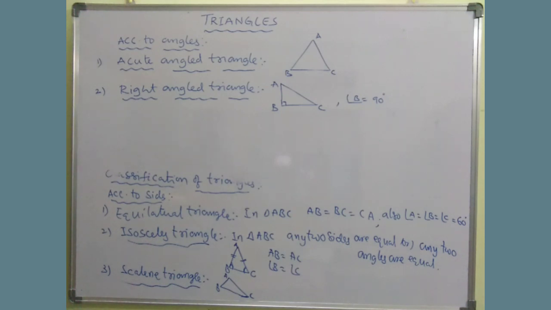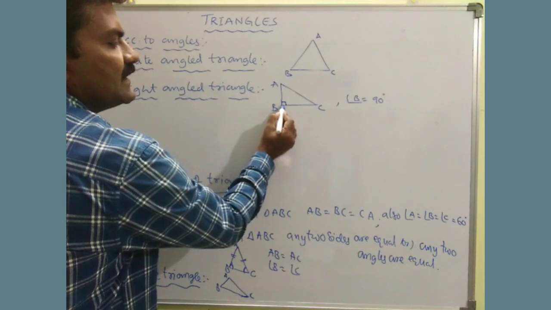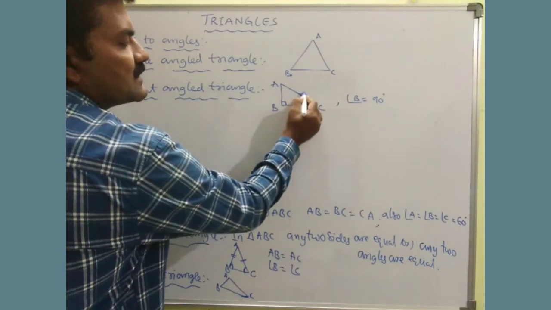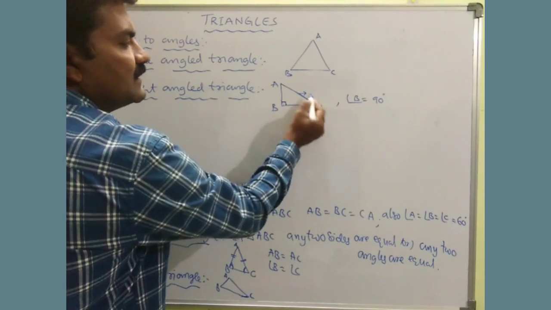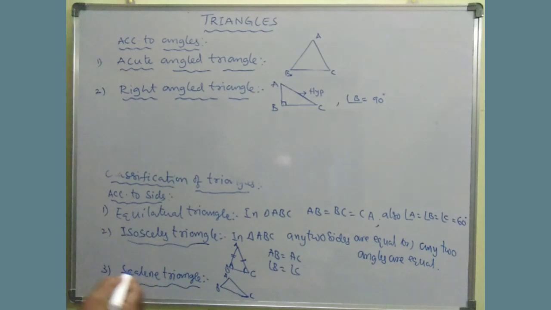In a right angled triangle, the side opposite to the right angle, for example here the right angle is at B, then the opposite side is nothing but AC. So the side opposite to the right angle is called the hypotenuse.